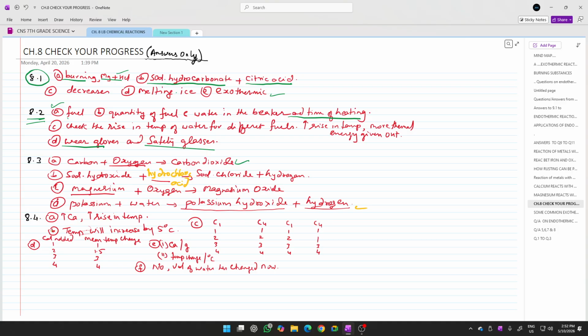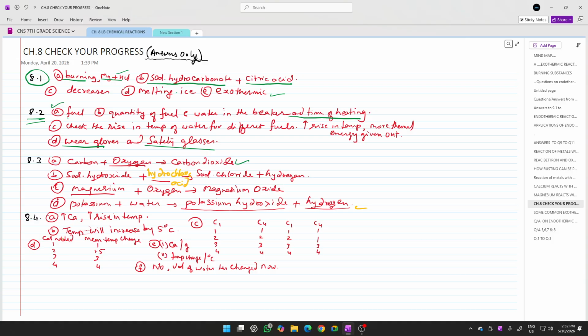So both students are performing the same experiment, reacting calcium with water, and they are trying to see what is happening. The one thing they have kept constant is that both are using 10 centimeter cube of water. So the water taken by both is the same, and they are adding pieces of calcium.